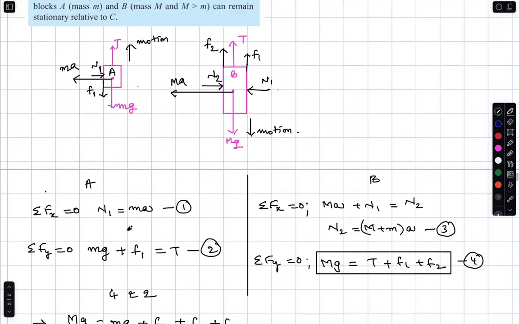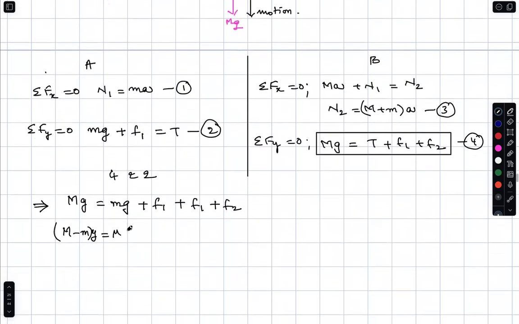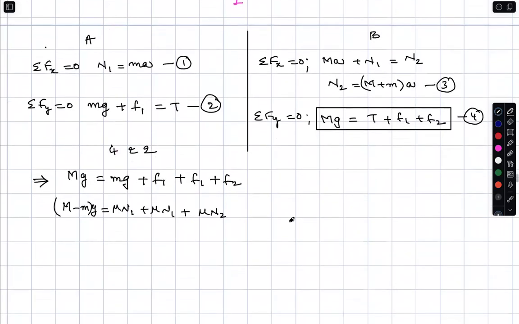Is this the same mu or different mu? All contact surfaces same. Thank you. Mu times N1 plus mu times N1 plus mu times N2. Any doubt? Boys, till this point, any doubts?